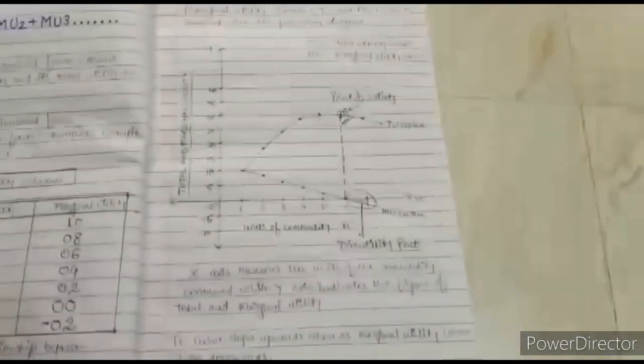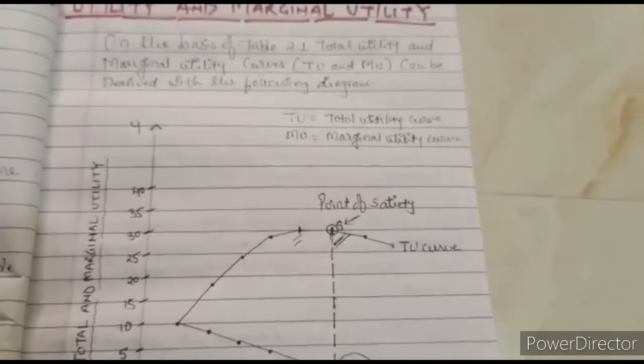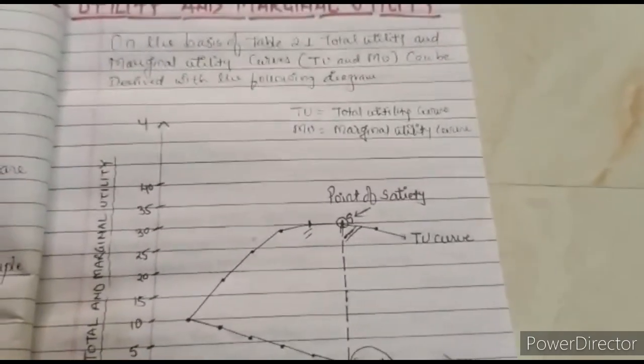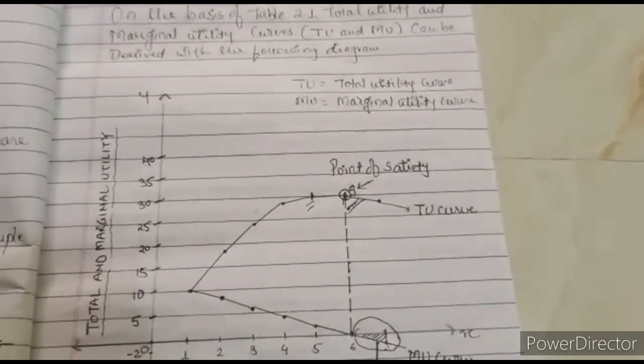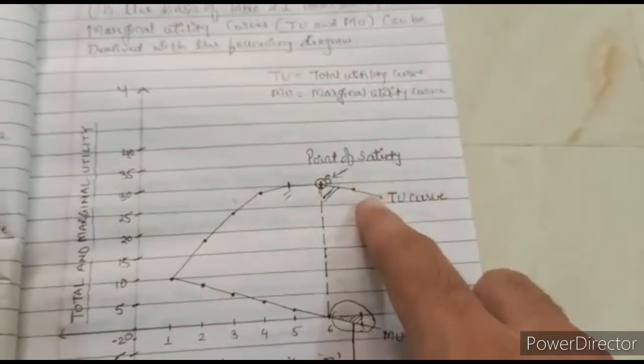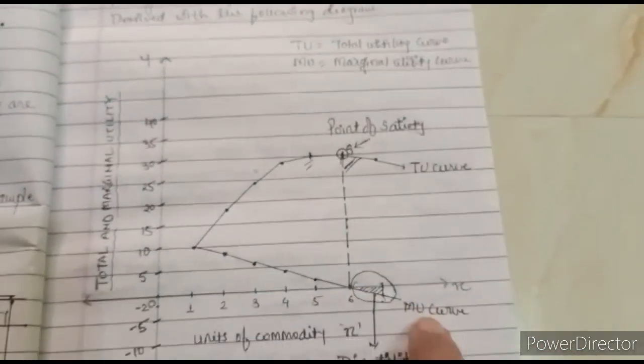You see here we have a diagram. On the basis of table 2.1, the total utility and marginal utility curves, TU and MU, can be derived with the following diagram. The upper curve is the TU curve, the total utility curve, and this curve is your marginal utility curve.